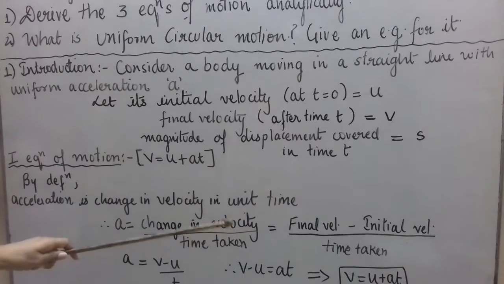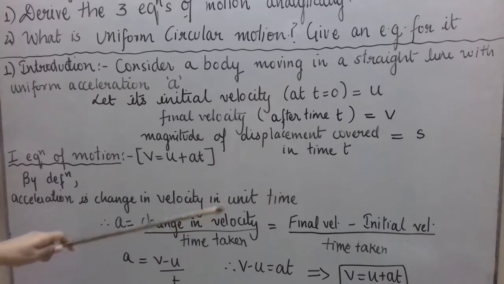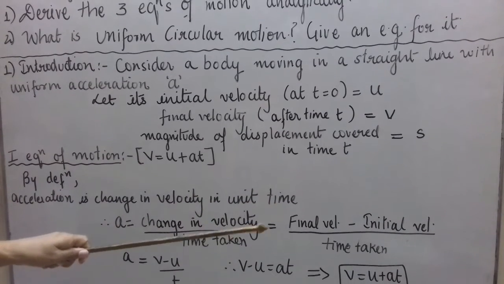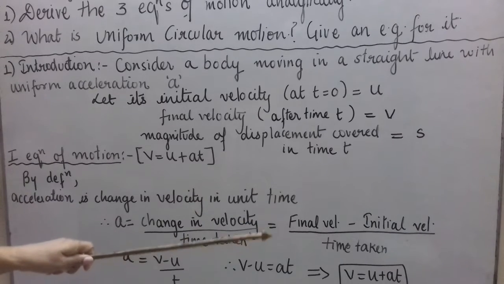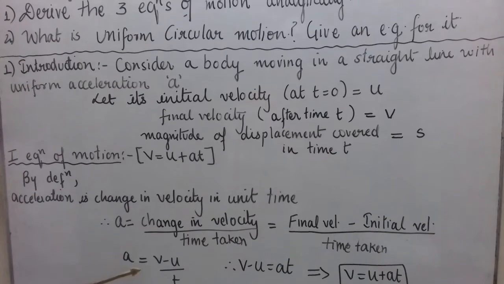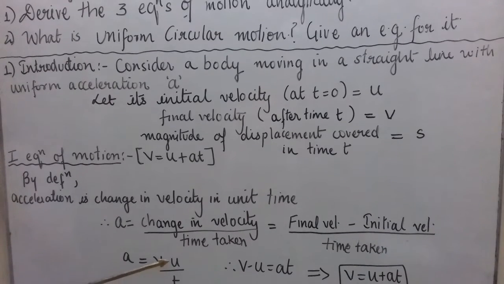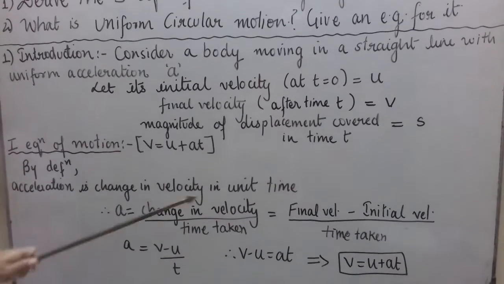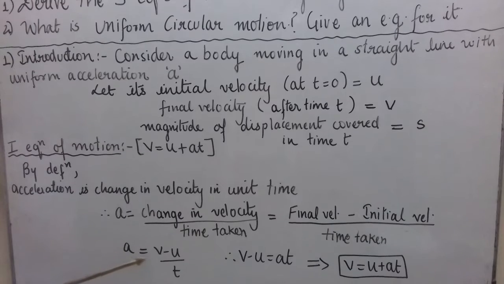Change in velocity means final velocity minus initial velocity, divided by again the time taken for that change. We can write a is equal to v minus u, final velocity v minus initial velocity u, divided by time taken for that change, t. So a is (v minus u) upon t.